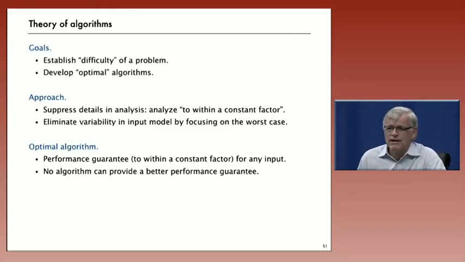And our goal is to find an optimal algorithm where we can guarantee to within a constant factor certain performance for any input, because we discovered worst case. But we also can have a proof that no algorithm can provide a better performance guarantee. I'll give a couple of easy examples of this.